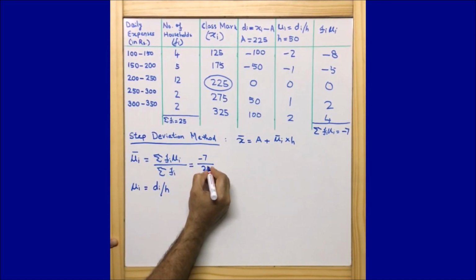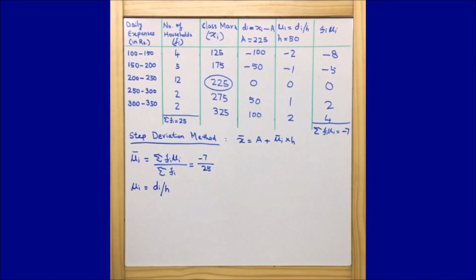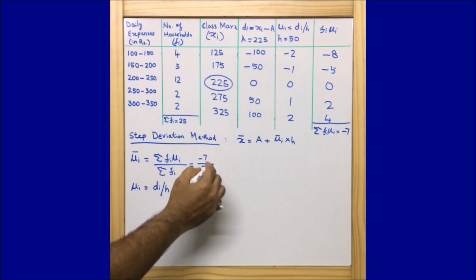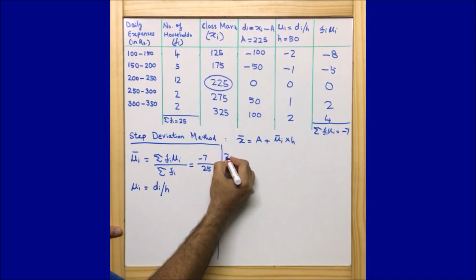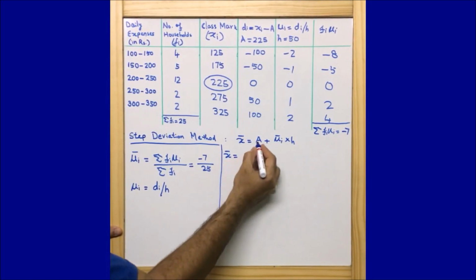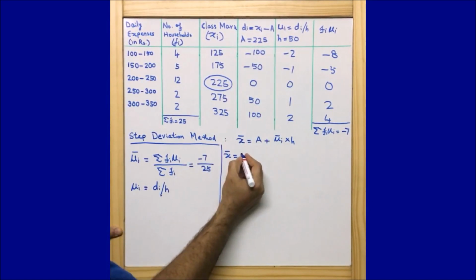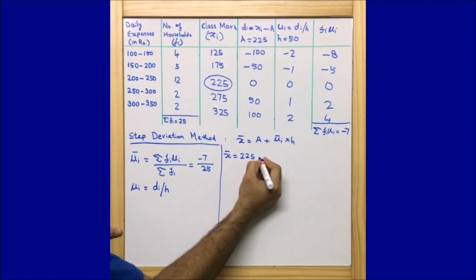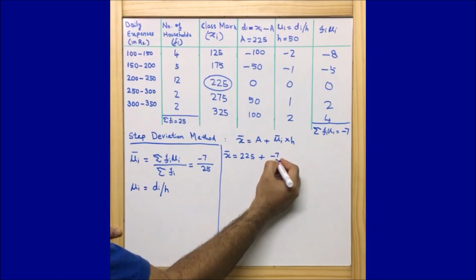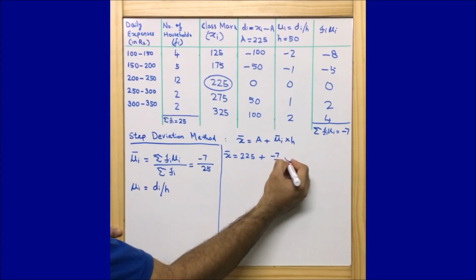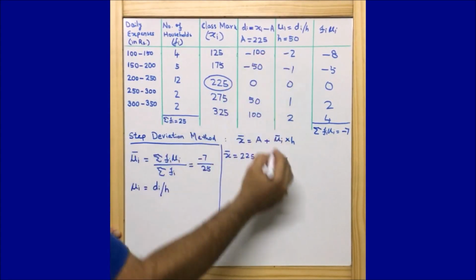Now let us keep this as it is. We now have whatever we want, so let us put the data in the formula. Mean is equal to a, the assumed mean 225 that we have considered, plus mean of ui, minus 7 by 25, into h, and the h value is 50.